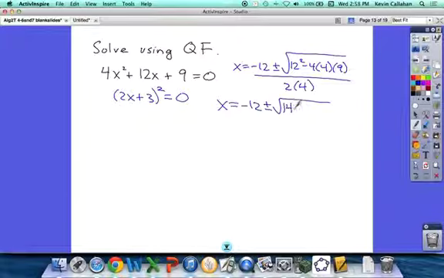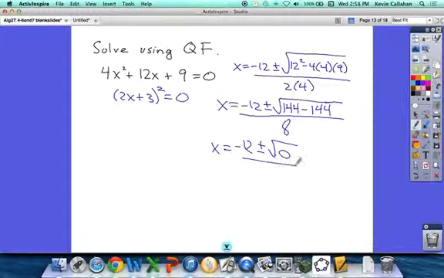What is 4 times 4 times 9? Hunter? What'd you get? Same thing, right? It's 144. So x equals negative 12 plus or minus the square root of 0 over 8, right?